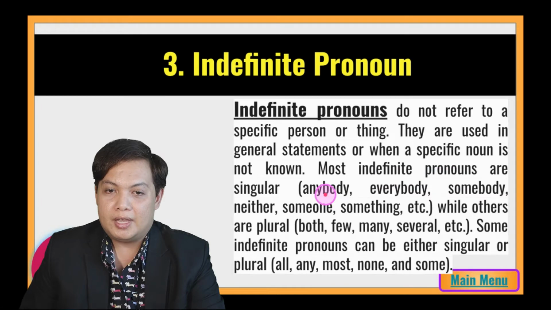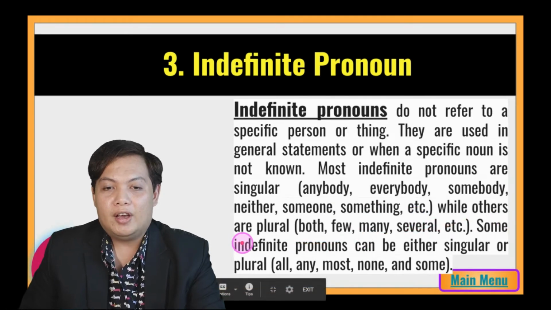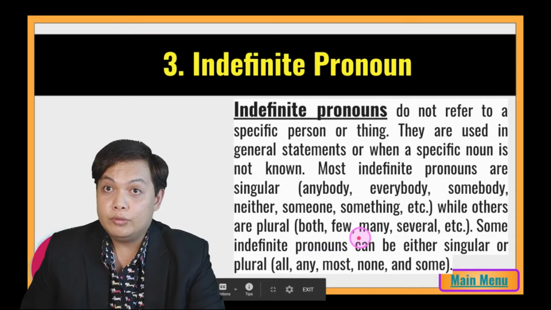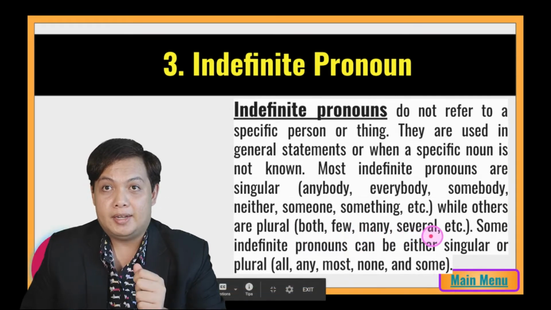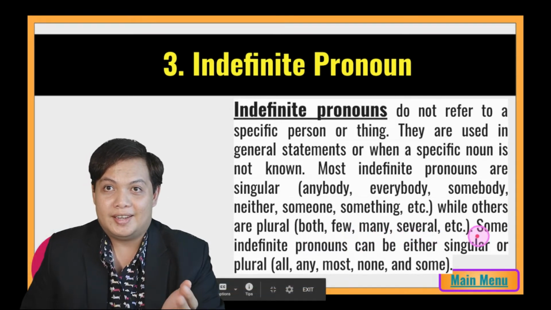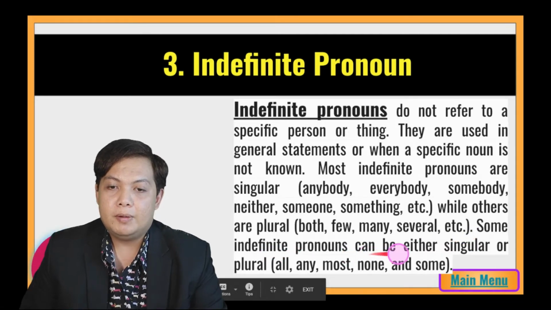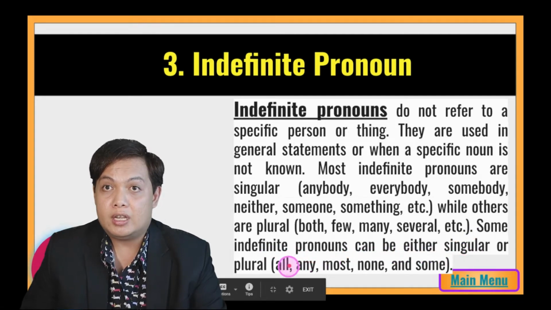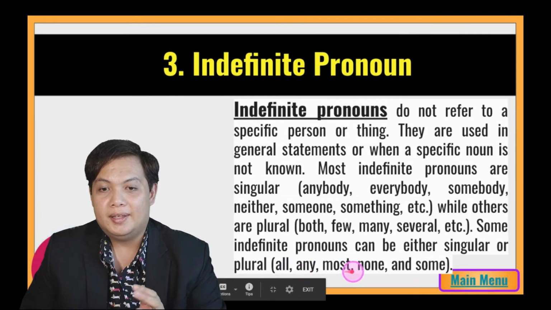Most indefinite pronouns are singular, like anybody, everybody, somebody, neither, someone, something, etc. While others are plural: both, few, many, several, etc. Some indefinite pronouns can be either singular or plural, like all, any, most, none, and some.